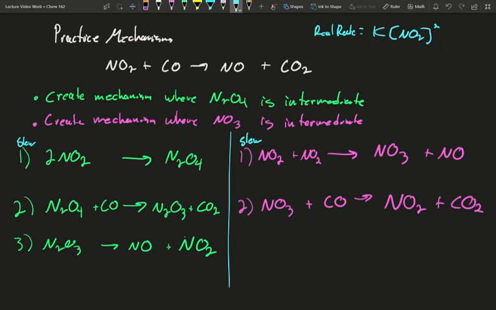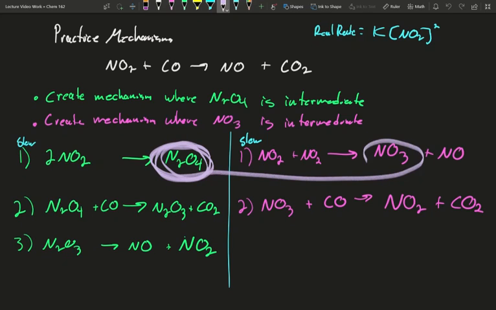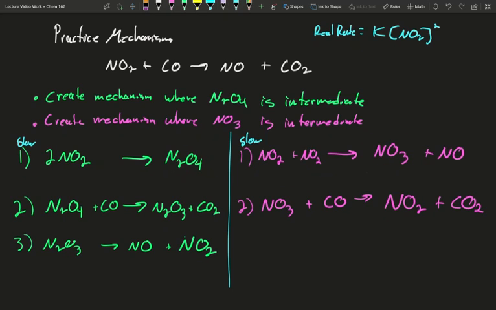As long as the first step was slow for both of these, we couldn't actually determine between them. At least not kinetically. There's some spectroscopic methods. Depending on how fast the later steps are, it's possible you could build up an incredibly small amount of N2O4 or of NO3. You might be able to spectroscopically see a little bit of that appear. Effectively, you'd have wavelength and absorption, and what will happen is you'll have an initial spectra, and over time that'll decrease as it becomes the products.